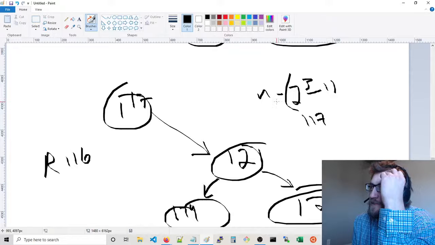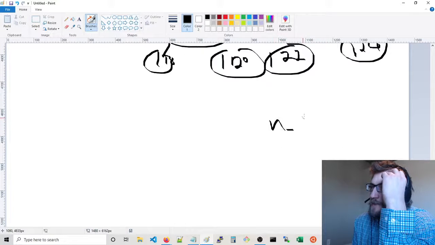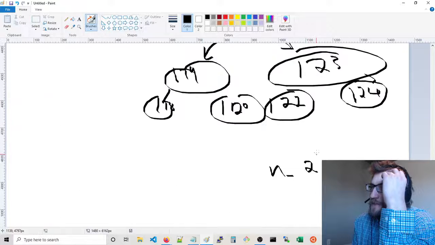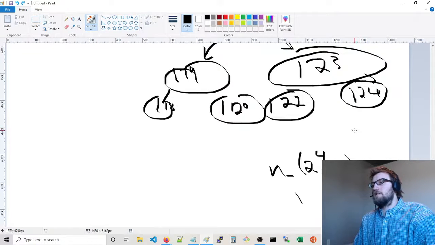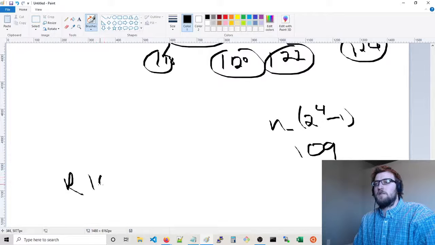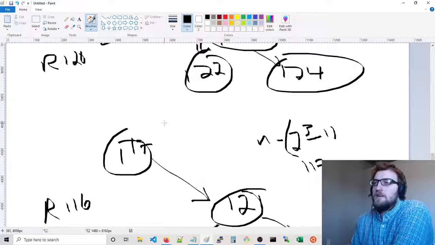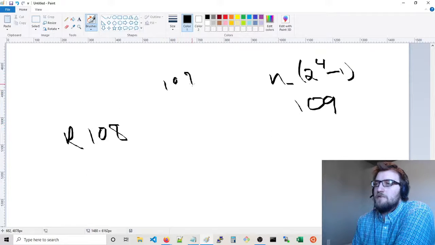Yeah, and then we want to do n minus 2 to the fourth minus 1. 16, 15, so 124 minus 15 is 109, I think. So we have 109 and recurse on 108. So we have 109 as the root, and then a bunch of stuff on the right side.